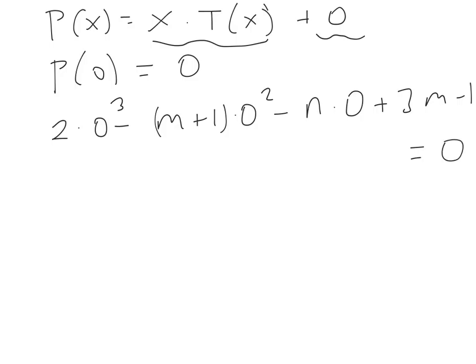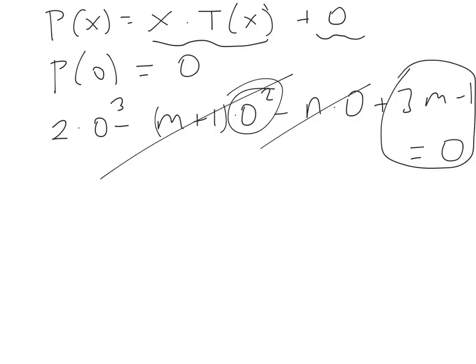As you see, 0 squared is 0 and it will be eliminated, then 3m minus 1 is 0. Then m equals 1/3.